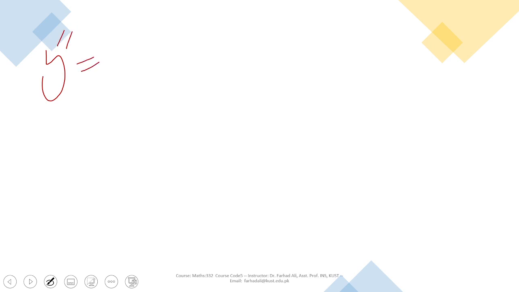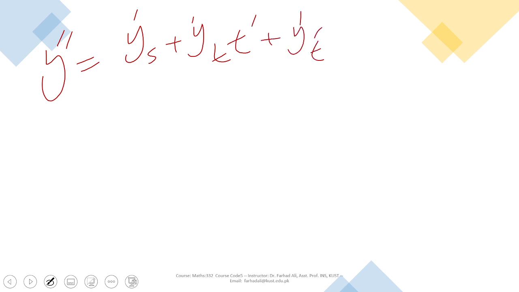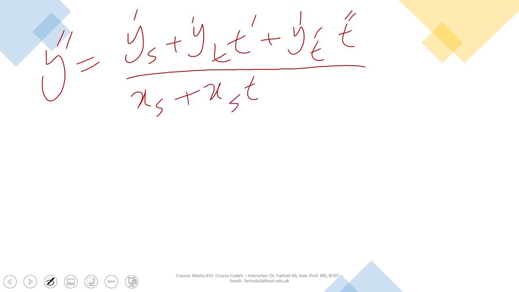Y double dash is ys y dash plus y dash t t dash plus y dash t dash t double dash, and x is 1 plus t dash.